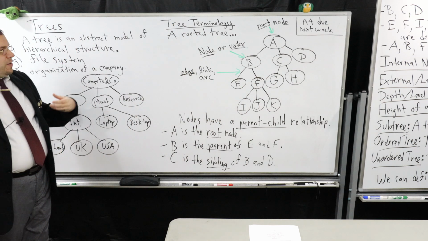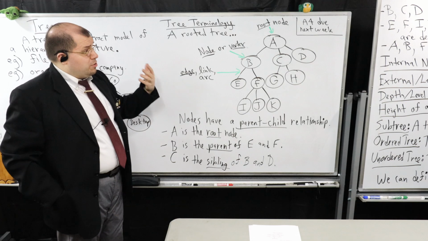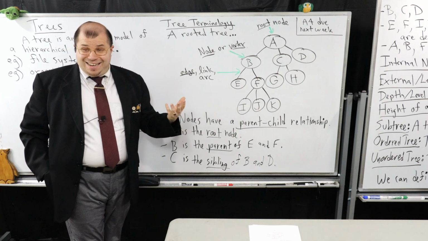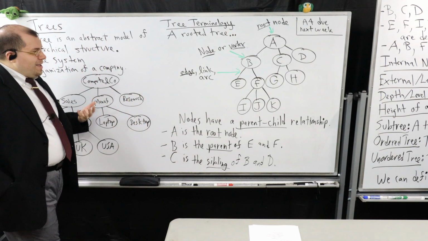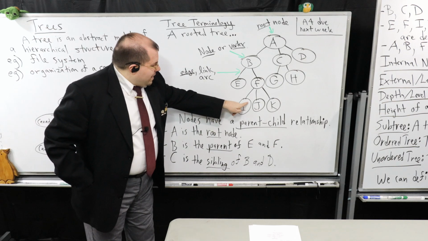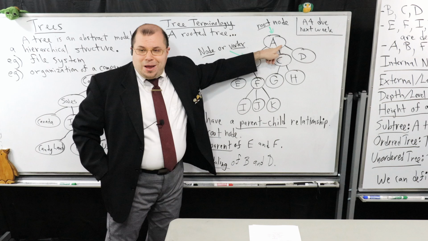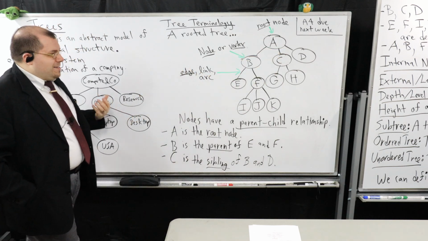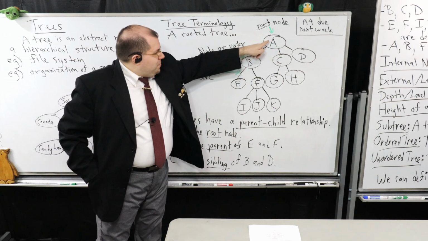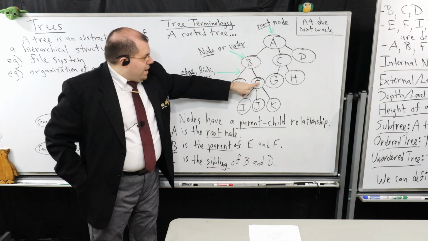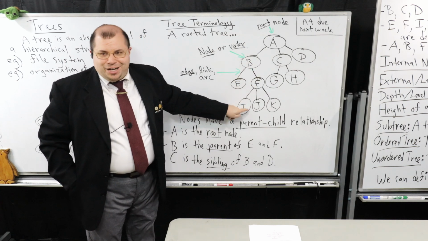So there's a notion of children and a parent. There's also a notion of ancestors and descendants. Ancestors simply mean those that came before: the parent, the grandparent, the great-grandparent, and so on. Descendants are this node's child, the grandchild, the great-grandchild.